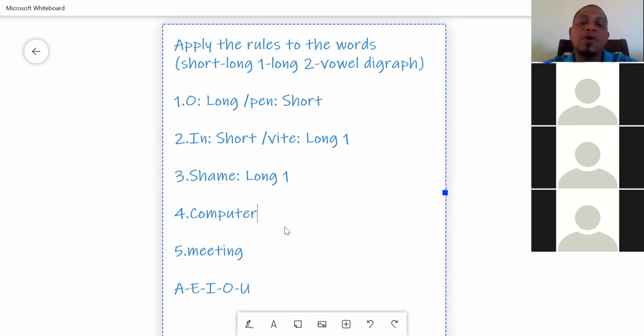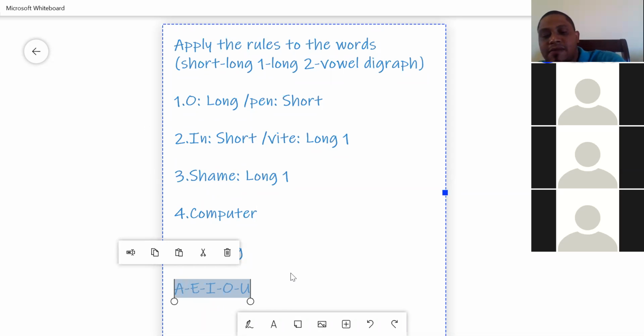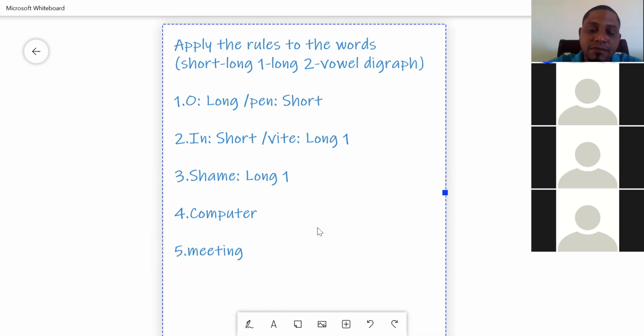Now we go to the word number 4. What did you guys do on the number 4? How many syllables do you have? 3, teacher. Okay, Stephanie, can you tell me what are the 3?